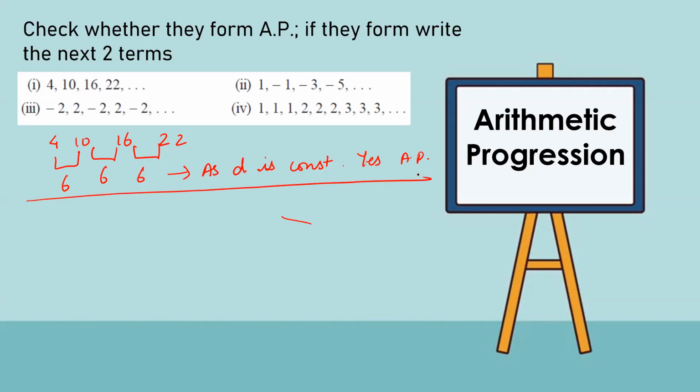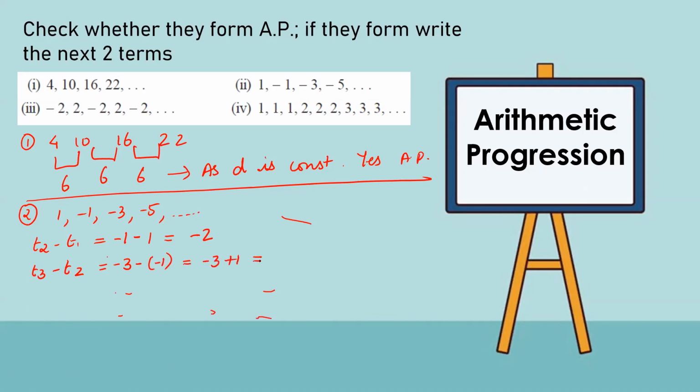Let's do the second one. What is the second one? 1, minus 1, minus 3, minus 5 and so on. So your T2 minus T1: minus 1 minus 1 is minus 2. T3 minus T2: minus 3 minus of minus 1, so that's going to be minus 3 plus 1, which is minus 2.